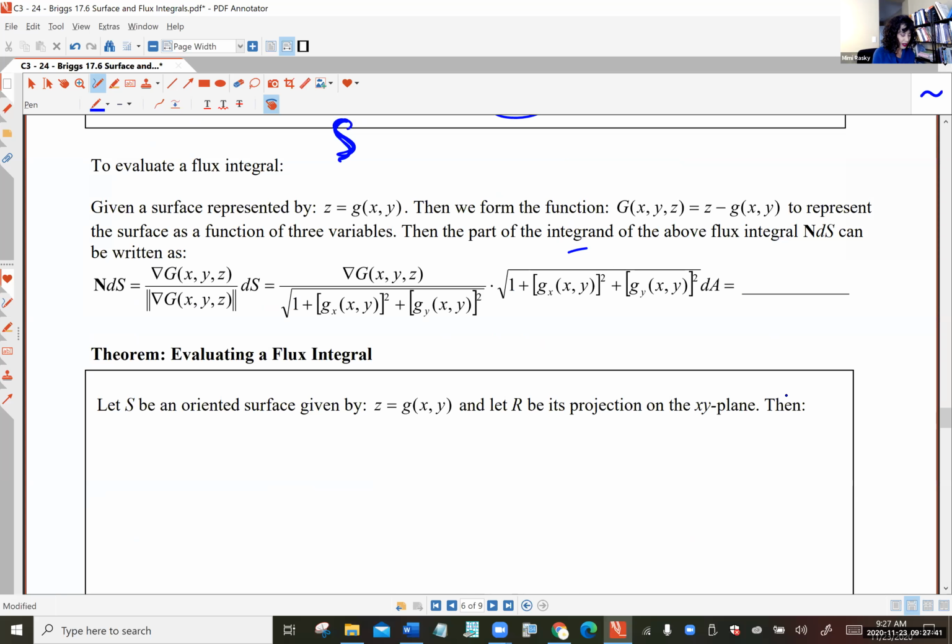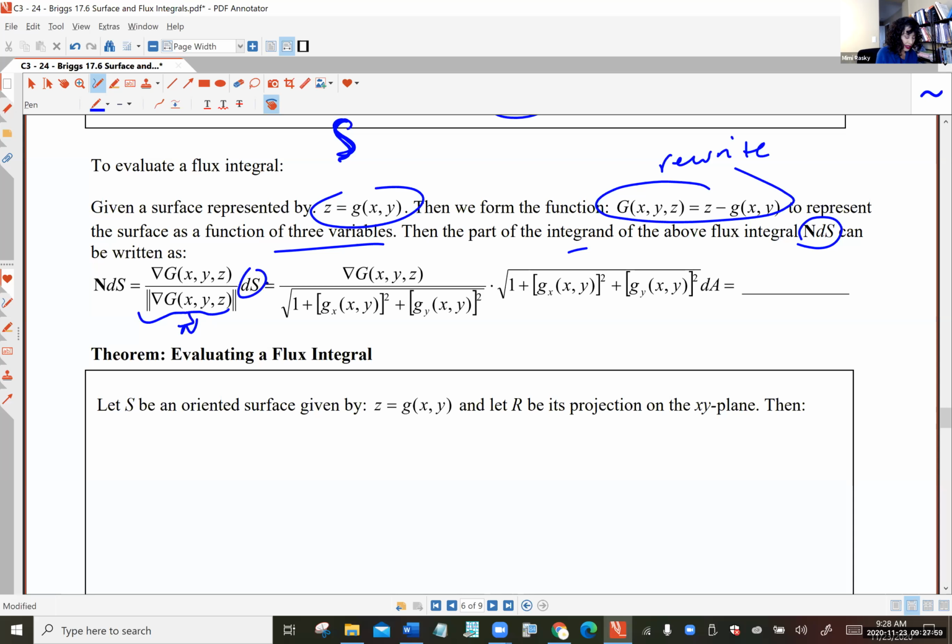So here's the derivation. Imagine your surface, and then you rewrite the surface as a function of three variables, big G. And then your N dS looks like this. Here's your big N, and here's your dS, the surface area element.